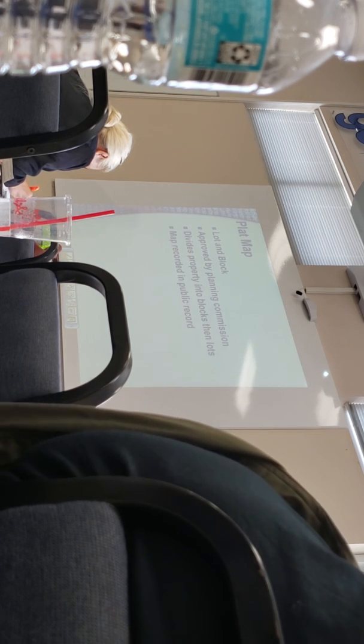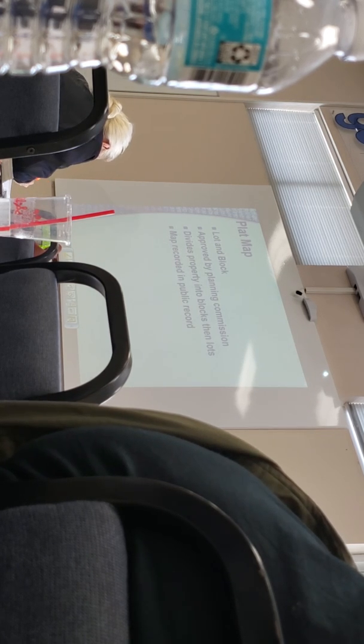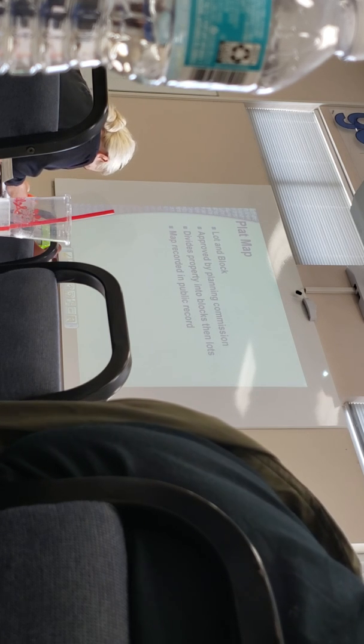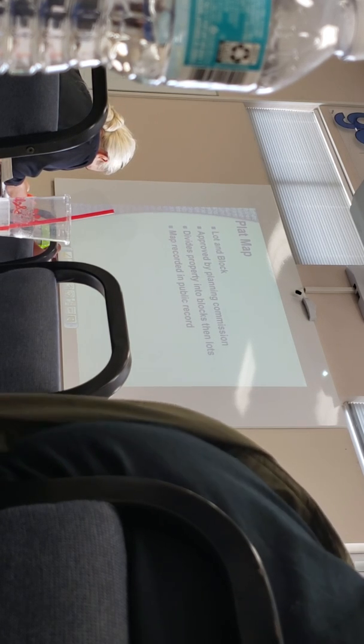Once it's approved, it becomes a type of legal description. You have a lot number and a block number in a plat subdivision recorded in the public records. That's the third method of describing property, the plat map method, only for platted subdivisions, not any other types of property located in a non-subdivision area.